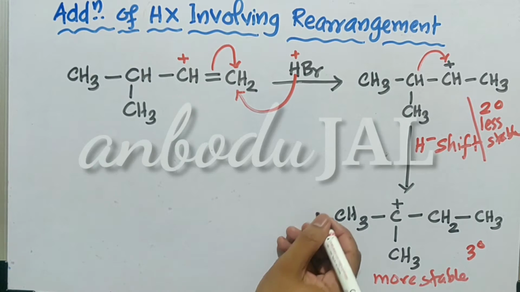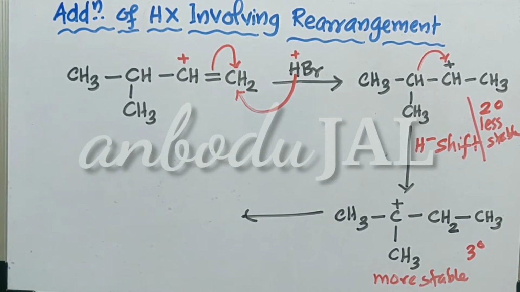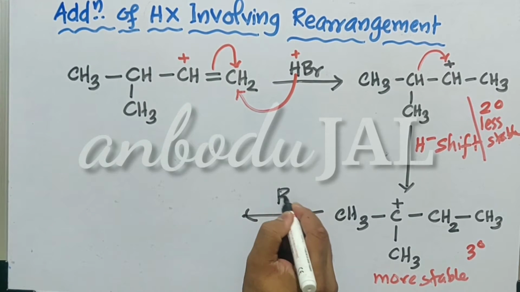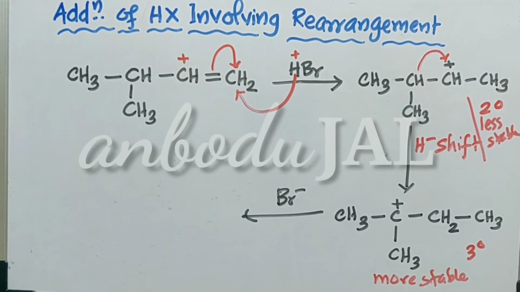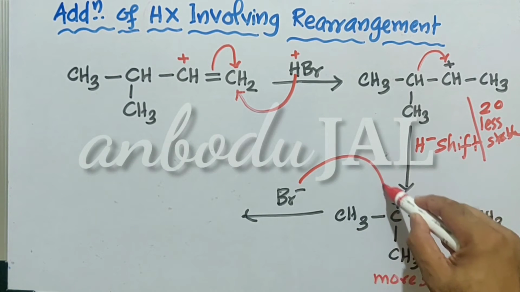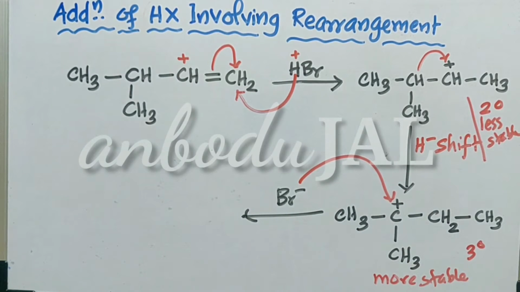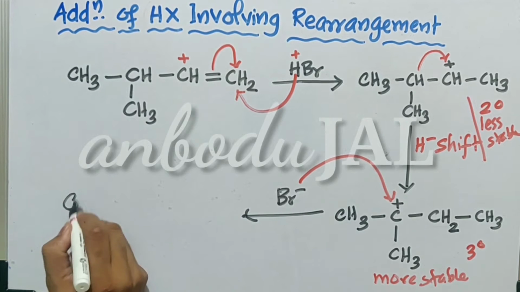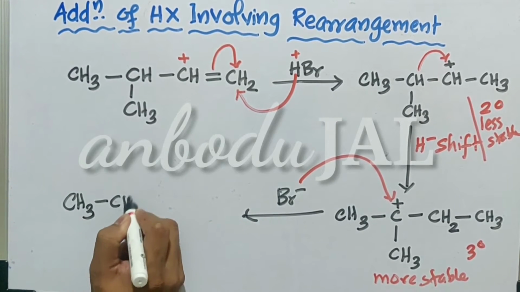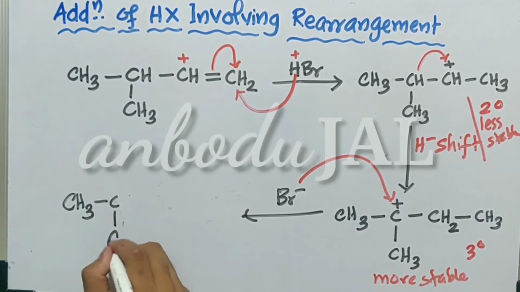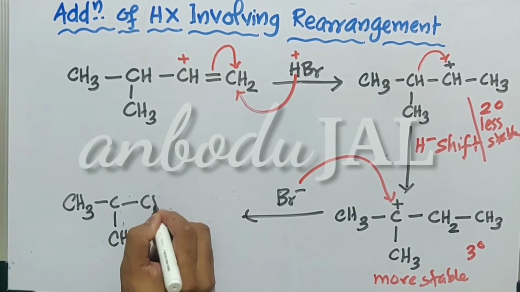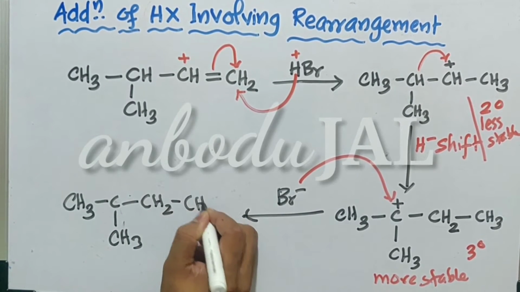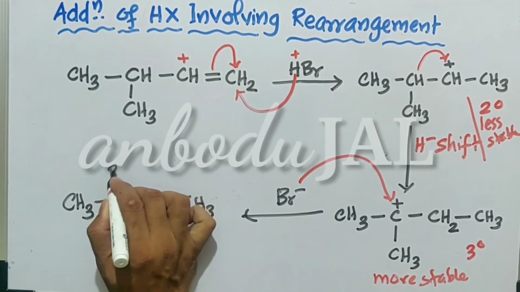Now listen here, in the final step, what happens? Negatively charged Br minus will be attached to this carbon. And the product is CH3, CH3, single bond CH2, single bond CH3, Br comes here.